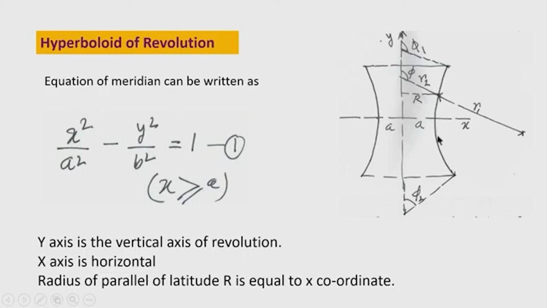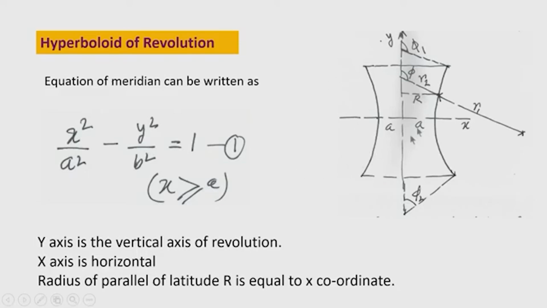That means a central rectangle will be there, and in the central rectangle the width is 2a and the length is 2b. So, this co-vertex is located at a distance b from the transverse axis in the upwards direction, and another co-vertex is in the downward direction. It is located at coordinate 0, minus b. Okay.